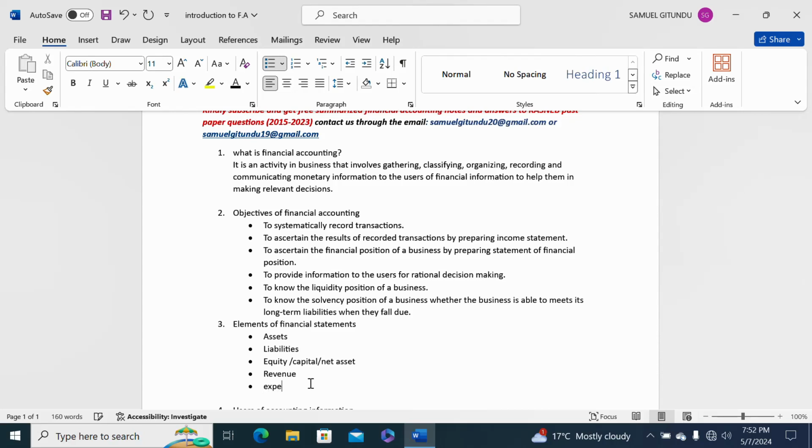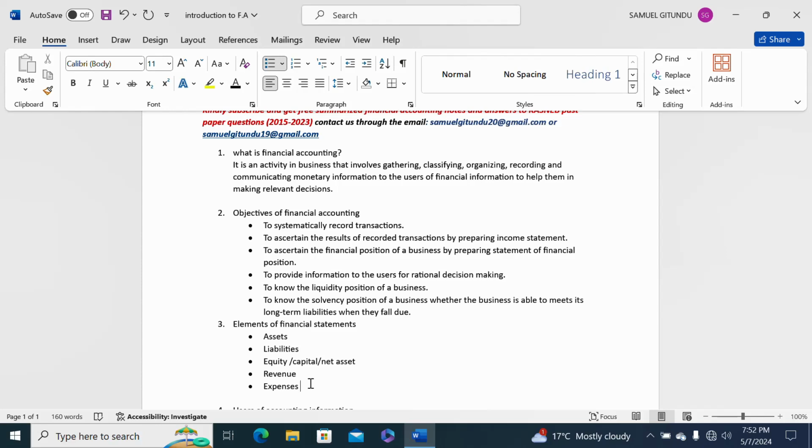And then the final element are expenses, and expenses are costs that a business incurs in the process of doing business. For example, the rent for a premise.